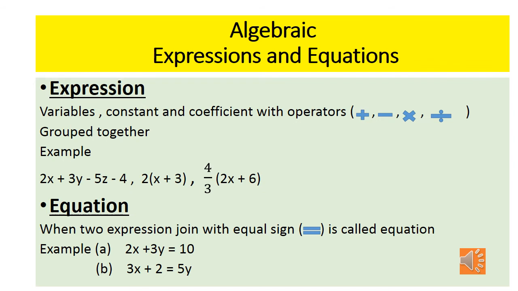If you see example B, the expression 3x plus 2 is joined to another expression 5y by the equal symbol. In A, 2x plus 3y is joined with another expression, 10, with the equal sign. So two expressions joined together with an equal sign is called an equation.